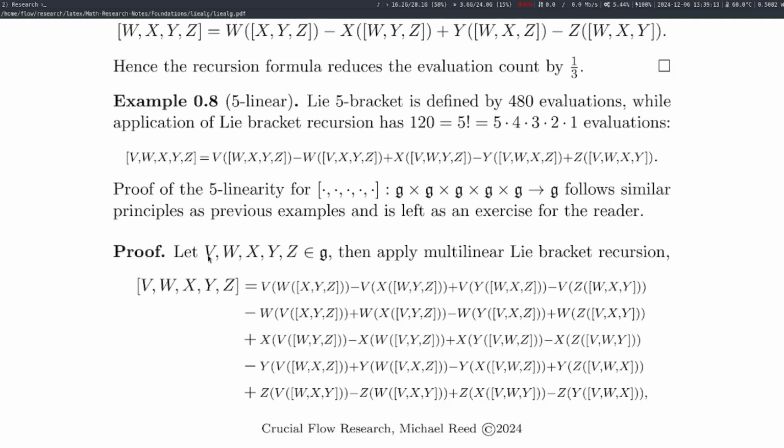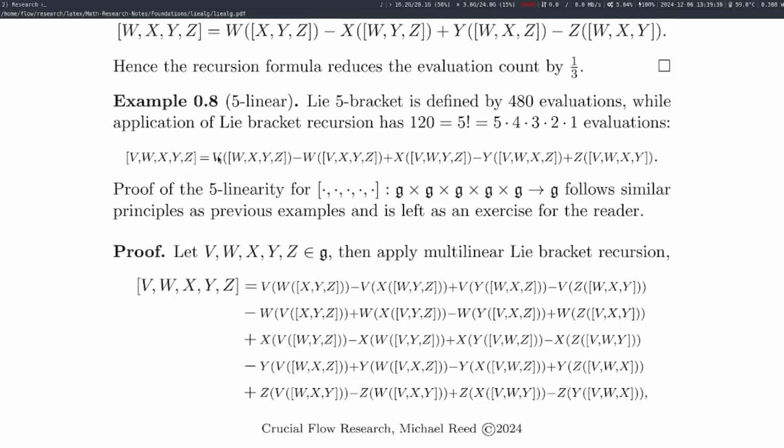So what we have is v, w, x, y, and z, and we apply the multilinear Lie bracket recursion. This time we're going to apply it in the opposite order. We're going to take this result here and expand each of these terms in the sum in terms of trilinear brackets.